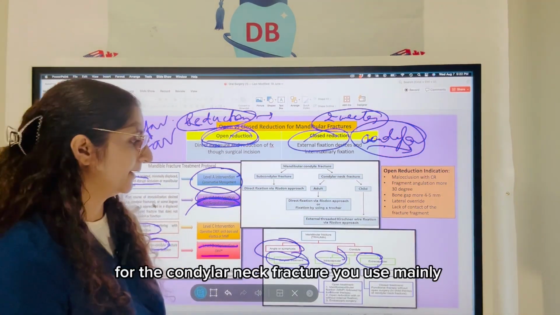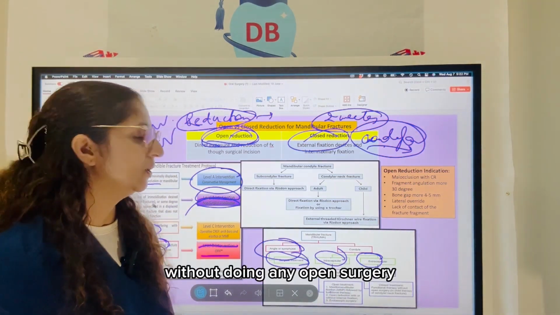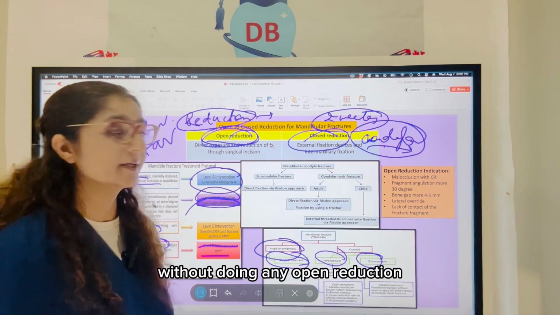For the condylar neck fracture, you use mainly the close treatment, that is doing the IMF wiring without doing any open surgery or any open reduction.